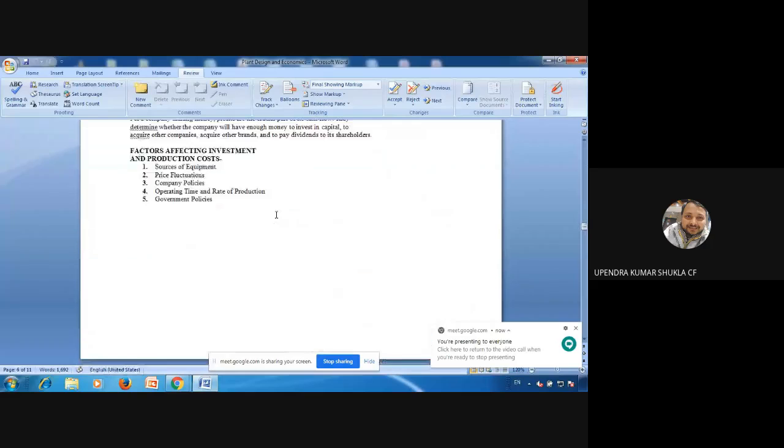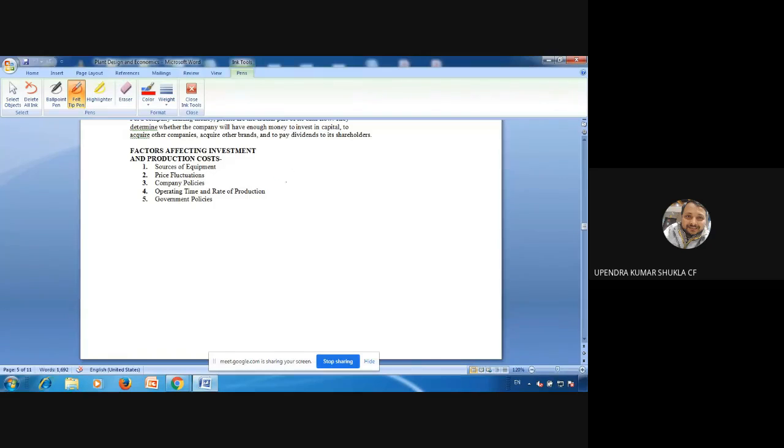Now, these capital costs will depend on sources of equipment, price fluctuation, company policies, operating time and rate of production, government policies.